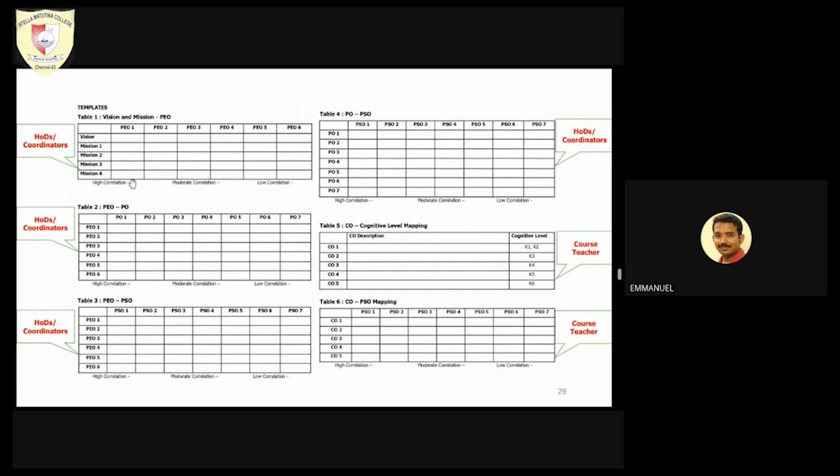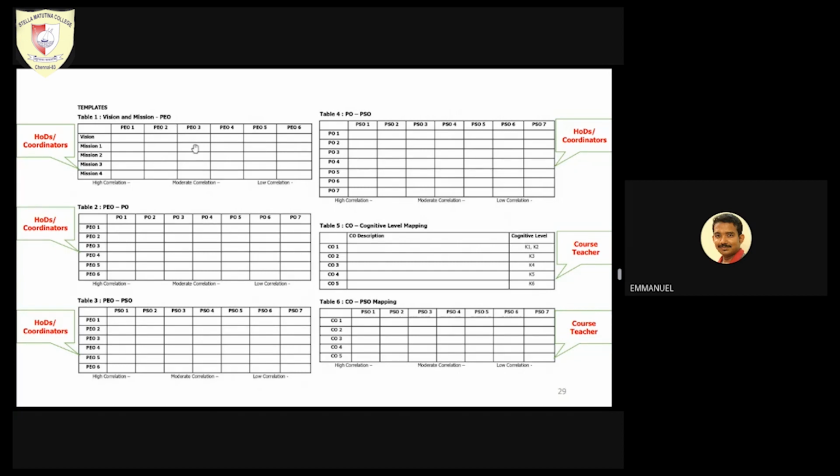But if we get a high-level correlation as a lesser percentage and a low-level correlation as a higher percentage, then there arises a question: why? What is the problem? The reason should be that the vision and mission statements have not matched with the program educational objectives.